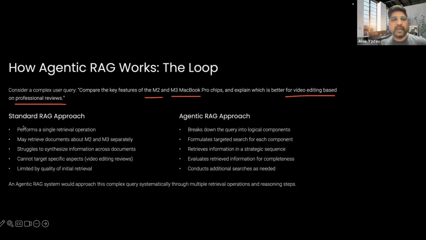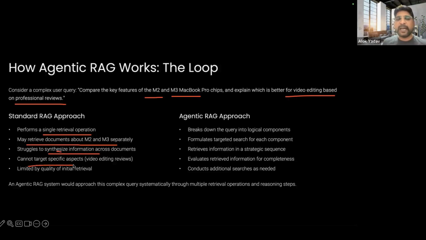So what will standard RAG do? It will just perform a single retrieval operation. It will go and try to retrieve here, and then what will happen? It may retrieve documents about M2 and M3 separately. It will go and find where we have information about M2 and M3, and then that document it is going to synthesize and send to the LLM model for generating.